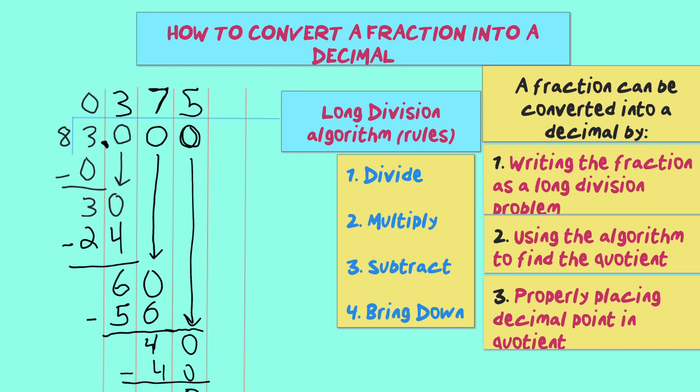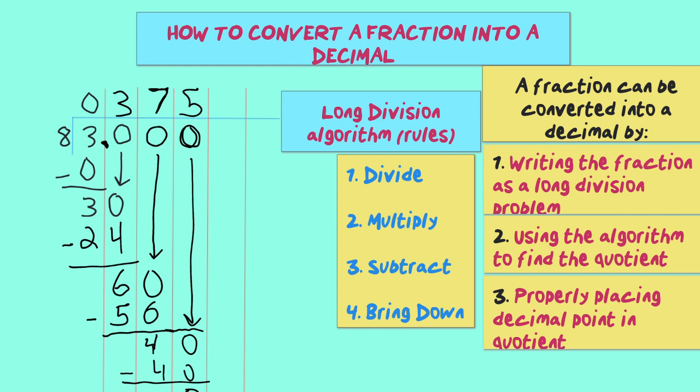Now for the last step, properly placing the decimal point in the quotient. This is my quotient, which is the answer to your division problem. My decimal point in the quotient goes directly above the decimal point I placed in my dividend. All right.